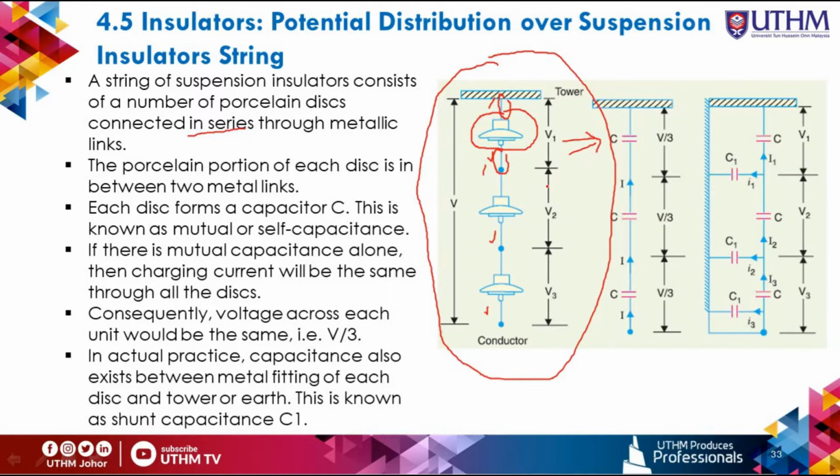This is known as the mutual or self-capacitance. Capacitance is the ability of a body to store an electric charge. If there is only mutual capacitance, the charging current will be the same through all the discs.